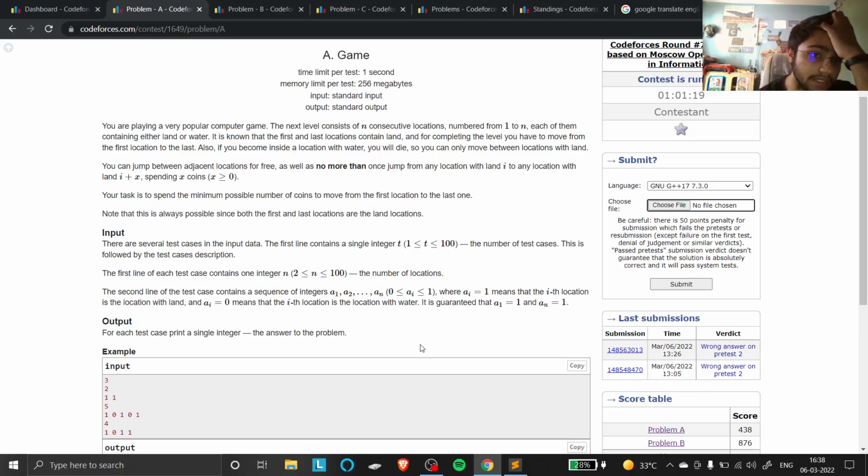You can jump between adjacent locations for free, as well as no more than once jump from any location with land I to any location with land I plus X, expending X coins. Your task is to spend the minimum possible number of coins to move from the first location to the last one.